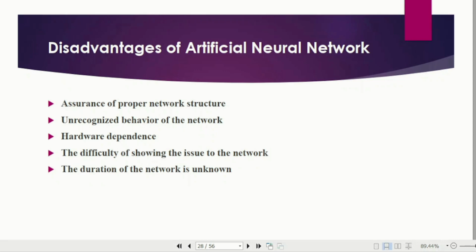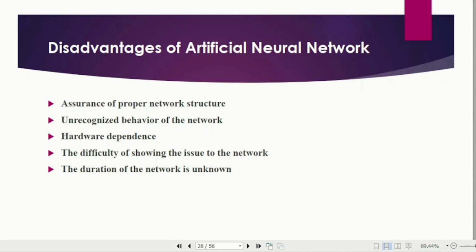The third one is hardware dependence. It depends on the hardware, so it needs processors with parallel processing power as per their structure. Therefore, the realization of the equipment is dependent on the hardware. The fourth one is the difficulty of showing the issue to the network. It can work only with numerical data. Patterns must be converted into numerical values before being introduced to the network.